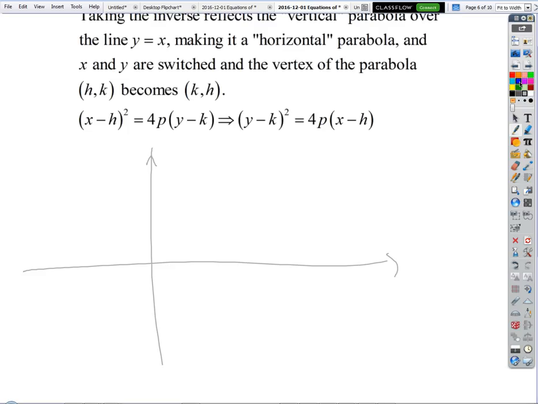So let's just say we've got some random parabola out here with coordinates of the vertex that are h, k, like that, right? When we take an inverse, we're just switching x and y, and so instead of going back h and up k, I would go over k and down h, right?